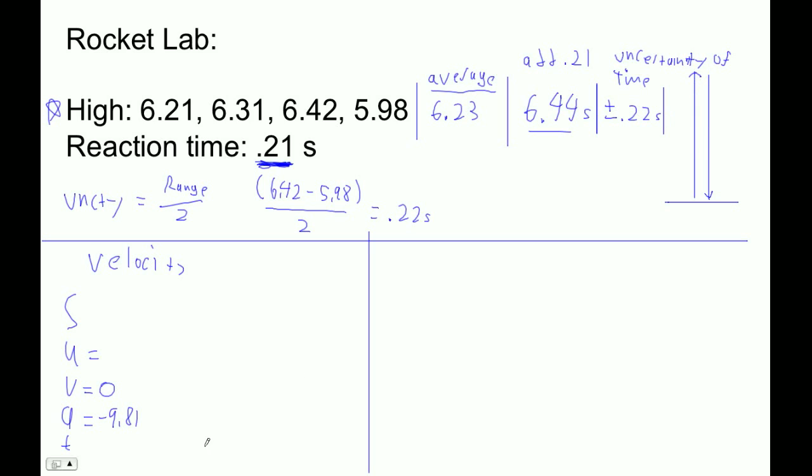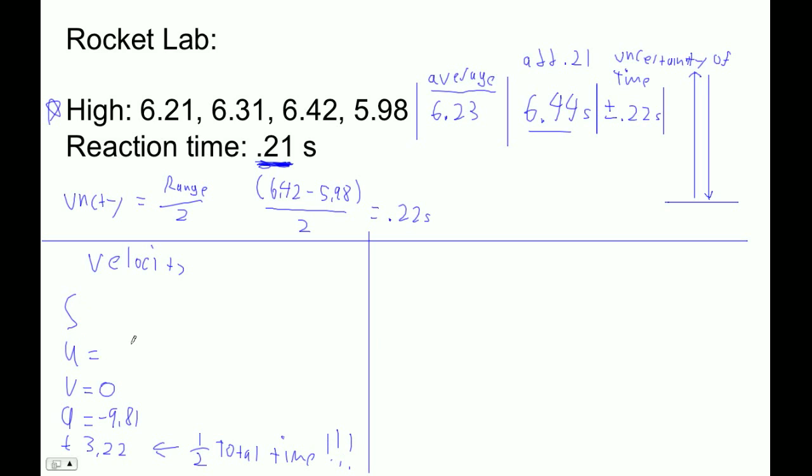This is key: the time is half the time here. So we got 6.44, so we think it got to the top at 3.22 seconds, half the total time. And now we're all set. We can find the initial velocity.